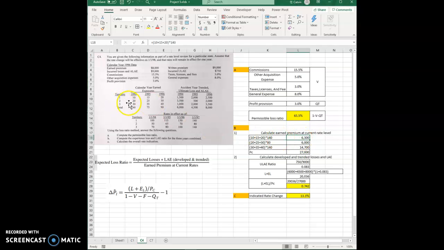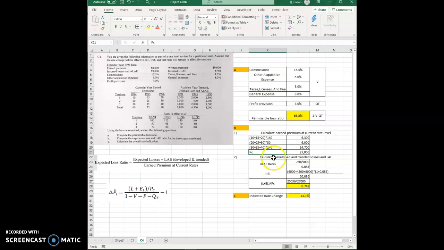And similar for territory 2, we use 20 plus 25 plus 30 times the current rate 80, and we get 6,000. For territory 3, we use 30 plus 35 plus 40 and times 140, and we get 14,700. So add them up, we get our PC, 27,000, which is our earned premium at current rate level.